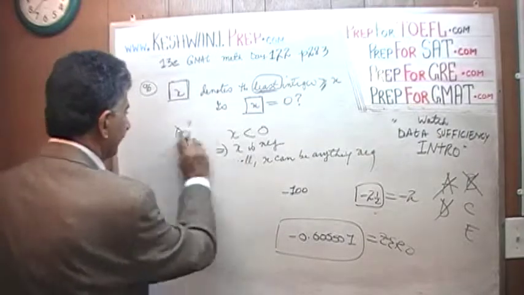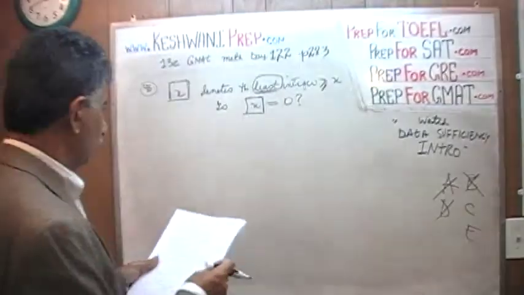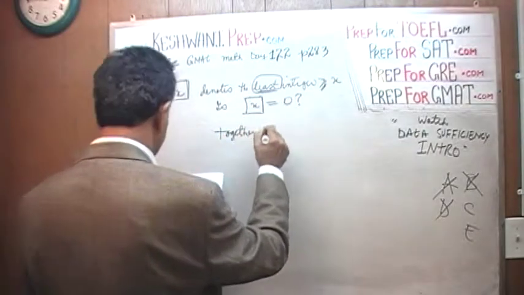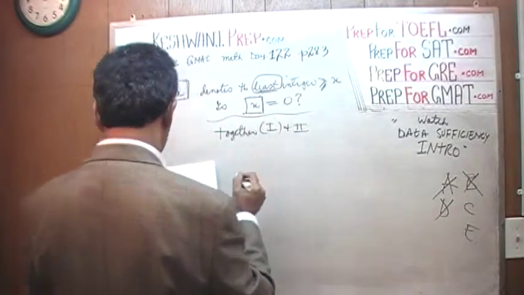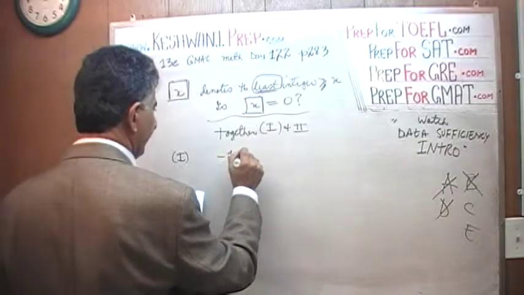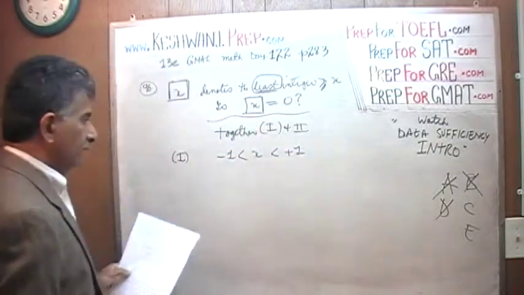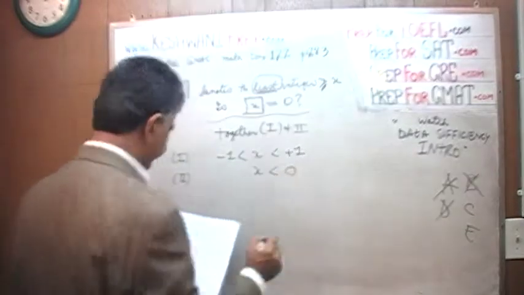Let's see what happens. Let's put them together. Together 1 and 2. The first statement tells us that x is between negative 1 and positive 1. The second statement goes on to tell us that x is negative.